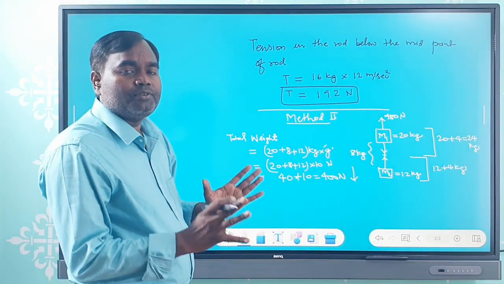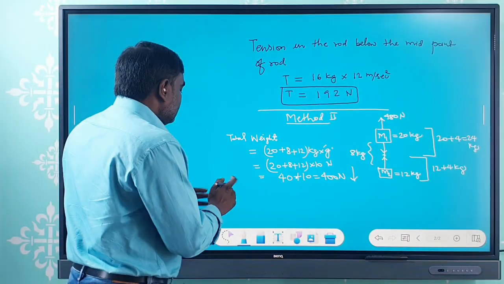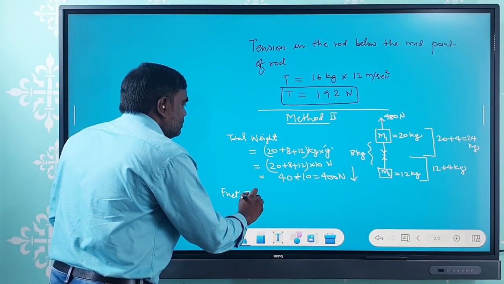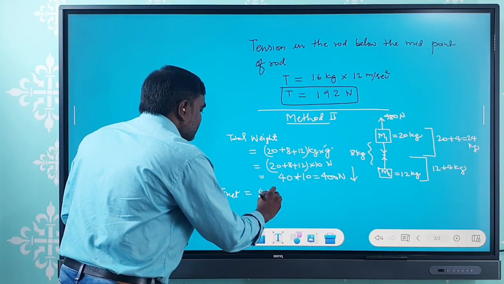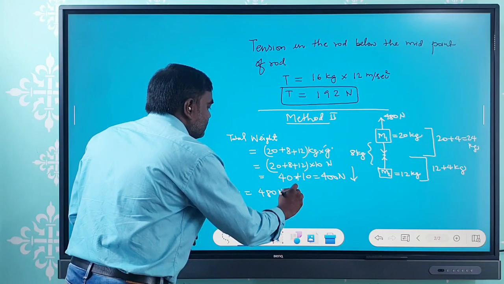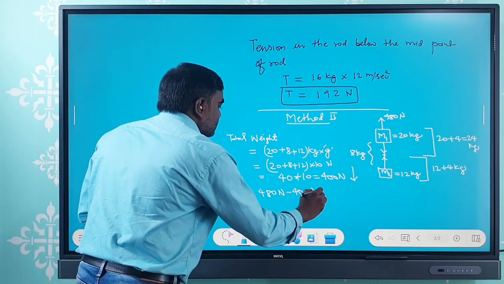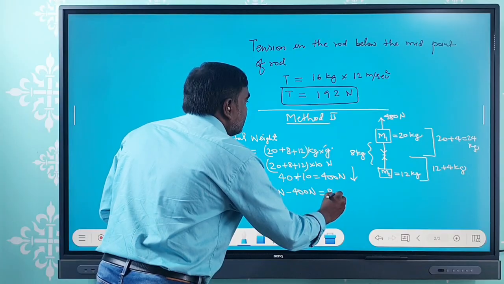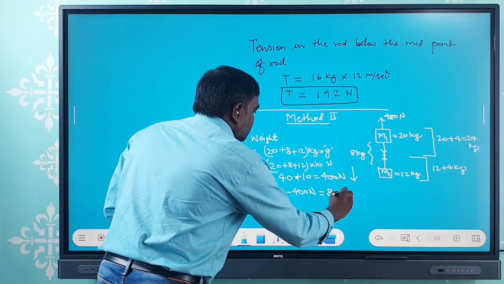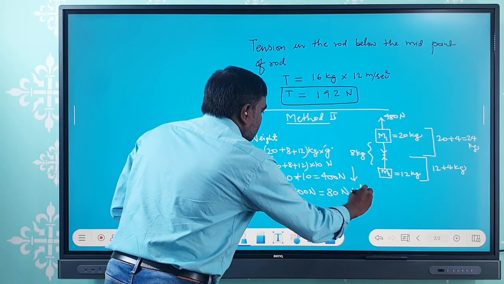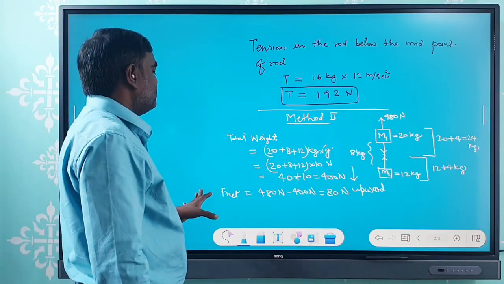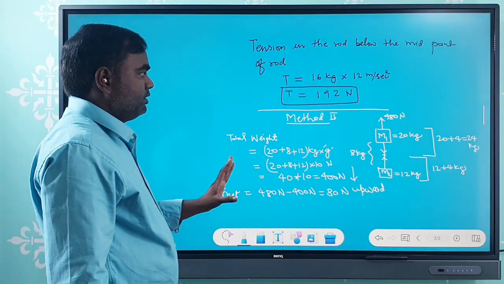So the net force on the system is F net equal to 480 Newton minus 400 Newton, which is 80 Newton upward. This is the upward force acting on the system.